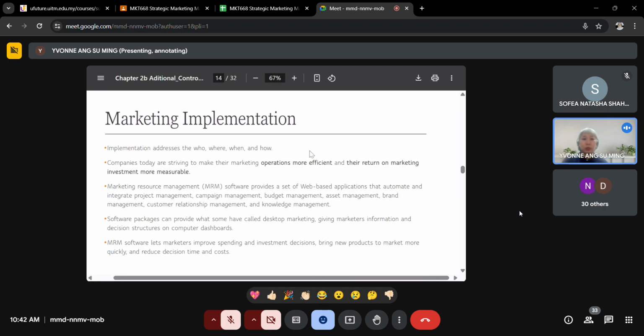And when we want to implement in this day and time, we have to pay attention to the fact that a lot of the processes within an organization are no longer manual.